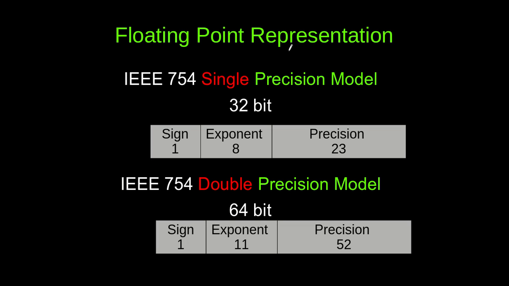We're gonna cover 2 models. The IEEE 754 single precision model. It's a 32-bit model, and we have a 64-bit model, which is IEEE 754 double precision. Double is double the range. And I think most of you took programming.